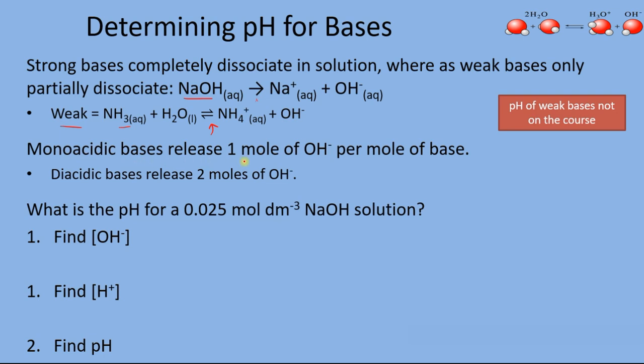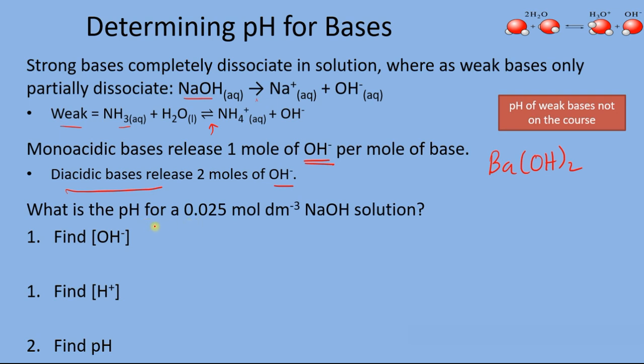Monoacidic bases release 1 mole of OH, so keep that in mind. It's just like the monobasic acid, you have monoacidic bases, just the reverse of it. If you have 1 mole of OH per molecule, then you have a monoacidic base. If something releases 2 OH minus ions, for example barium hydroxide, then you have a diacidic base.